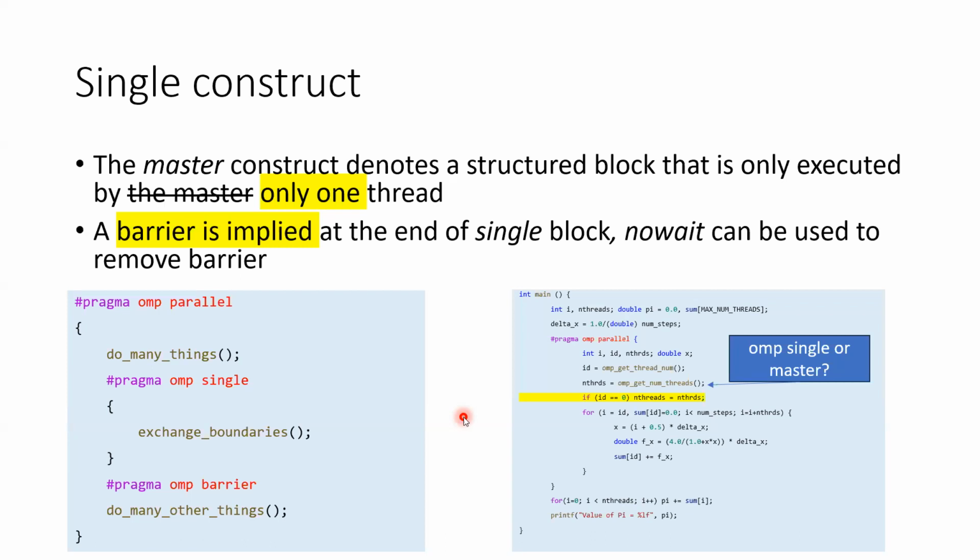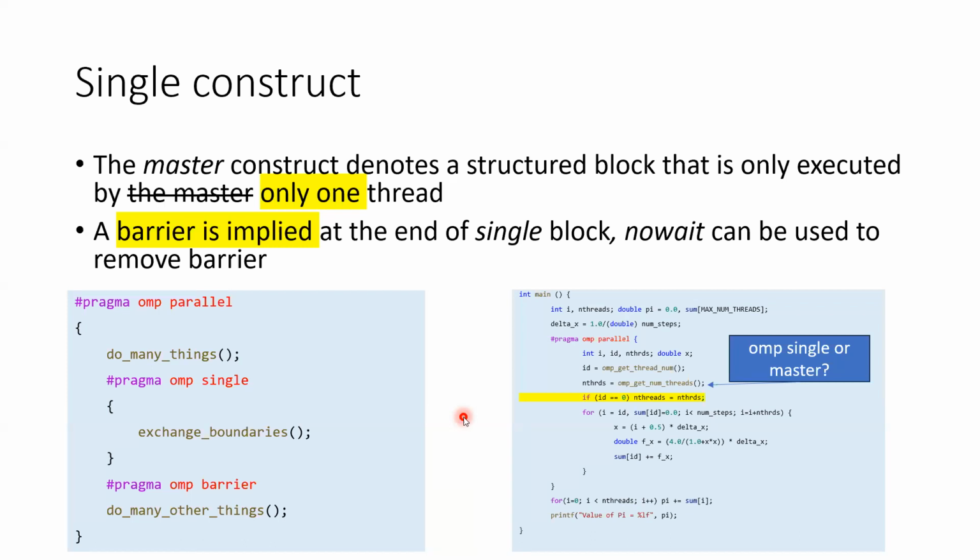I'm just saying master versus single, the difference. Master means only the master thread can enter that block. And single means any thread can enter, but only one thread can enter.